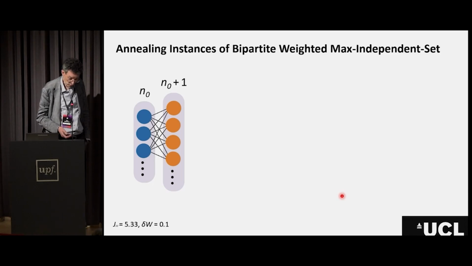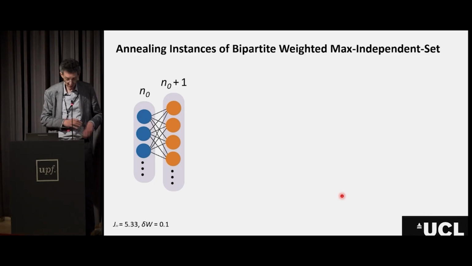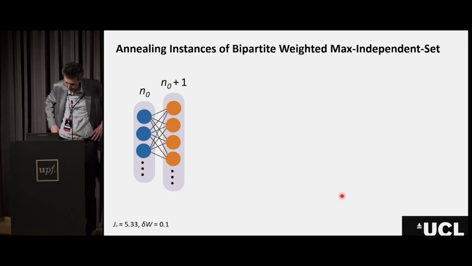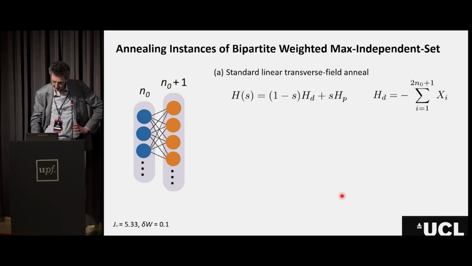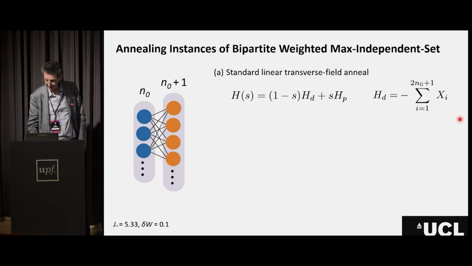Now let's think about whether this is actually helping us in terms of our gap enhancement. So again, we're returning now to our old friend, this bipartite weighted maximum independence set problem. And we're going to solve this three ways. First of all, using the standard linear transverse field driver, single X driver on the logical qubits.